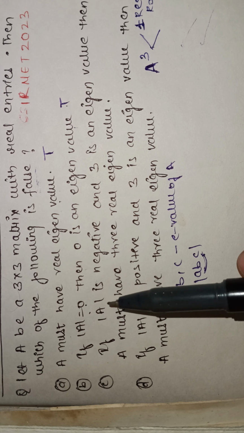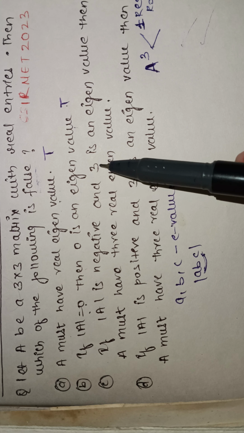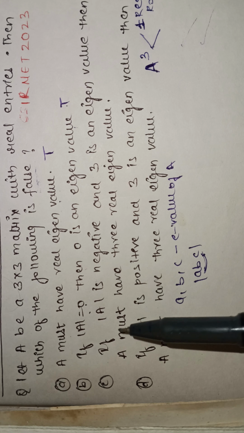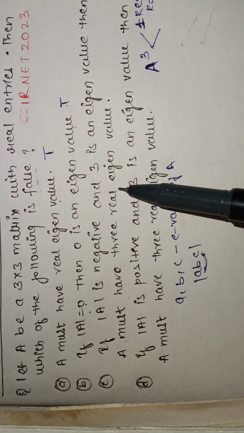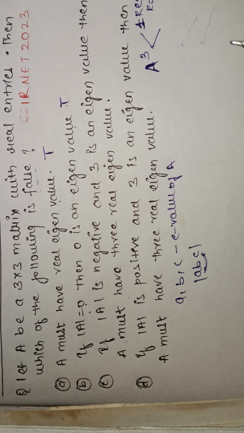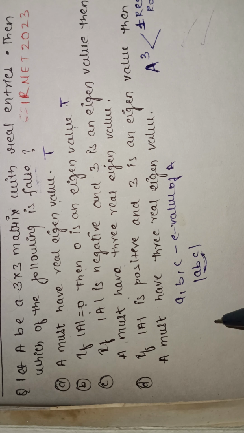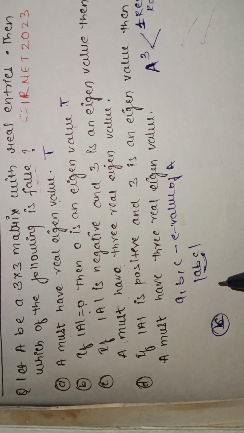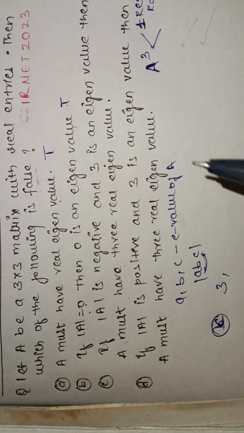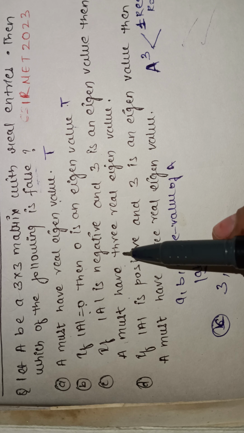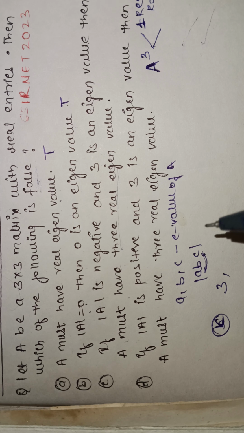Next, if det A is negative and 3 is an eigenvalue, then A must have 3 real eigenvalues. So if one eigenvalue is 3, suppose the other eigenvalues are imaginary. We know that if the eigenvalues are imaginary, then they occur in a conjugate pair.